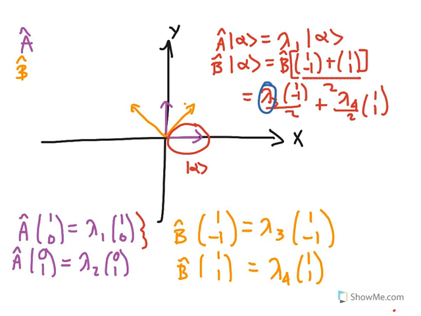So when I operated A on alpha over here, I definitely get back the value lambda 1. But when I operate B on the same thing, then I'm either going to get lambda 3 or lambda 4. I'm not going to get both, but only one of these two numbers.